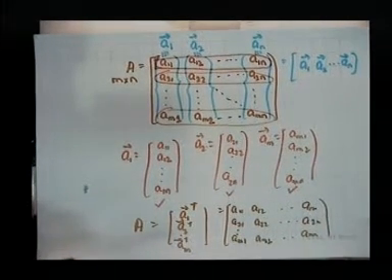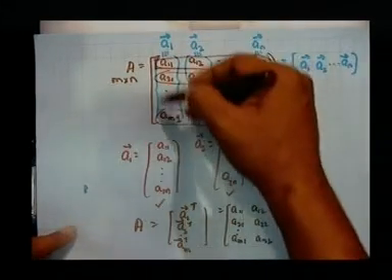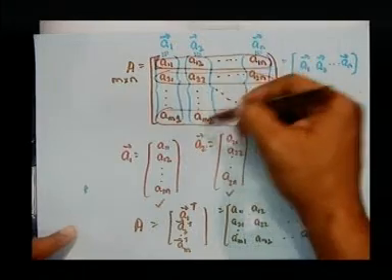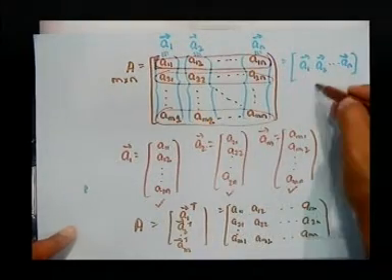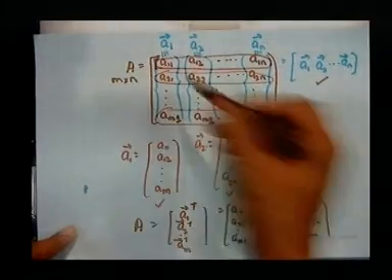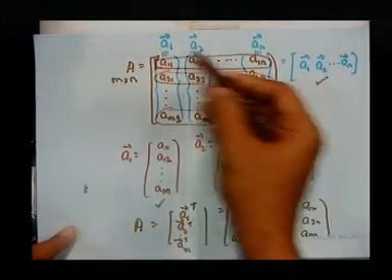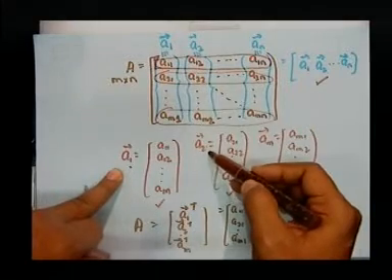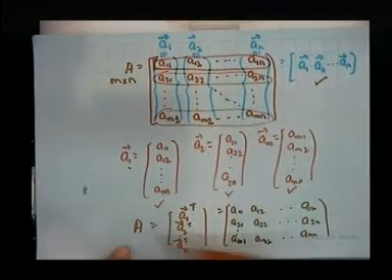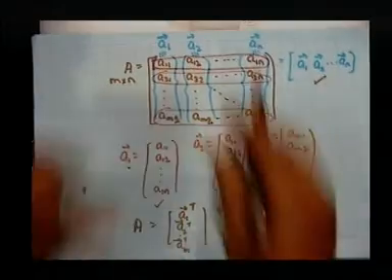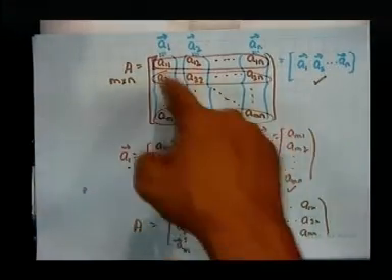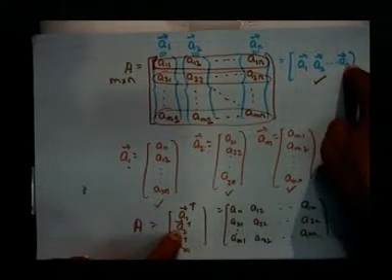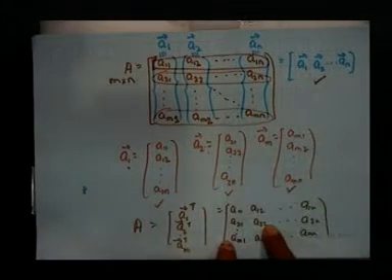So, a matrix, if I define its column elements as vector A1, these column elements as vector A2, then this is my matrix A. If I define these columns as vector A1, these elements as vector A2, then I will write matrix A this way. So, the same matrix, the array of numbers, if you consider differently, then the way you write it should look different, but the final result is the same.